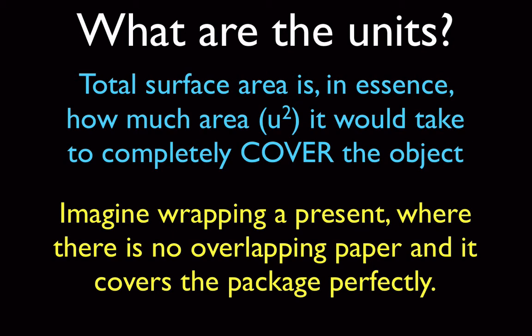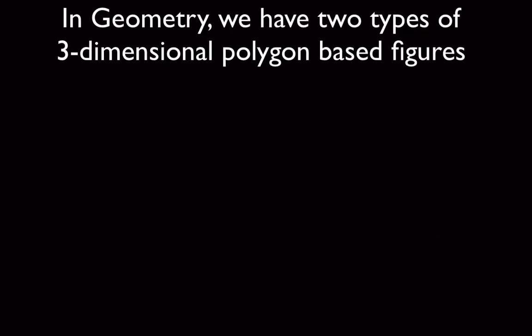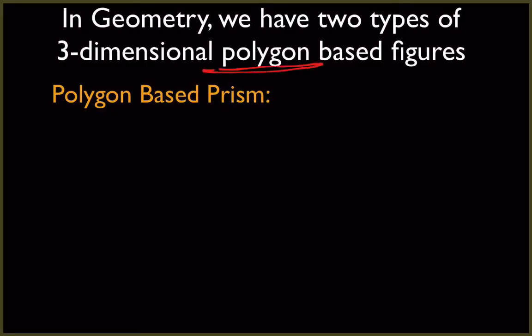Okay, so in geometry we have two types of three-dimensional polygon-based figures. And by that I want to emphasize the word polygon. So these are called polyhedra or polyhedron. A polygon is anything that has straight lines connected by vertices, which are corners basically.